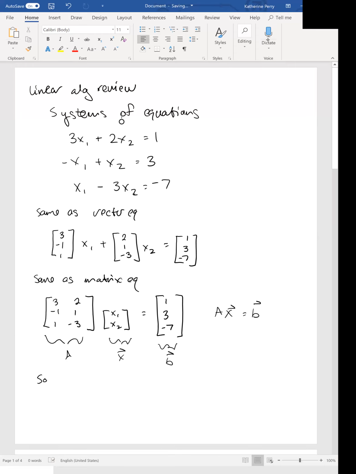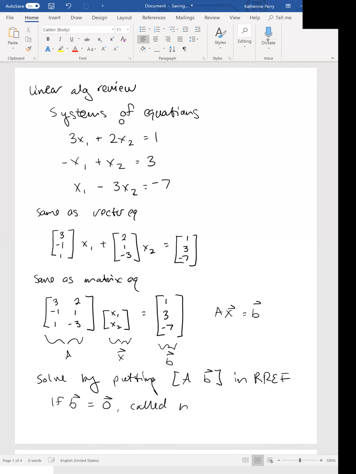And we know that we solve this by putting this coefficient matrix A together with b in a matrix and putting that in reduced row echelon form and seeing what happens. We also saw that if b is equal to the 0 vector, then this is called a homogeneous system.